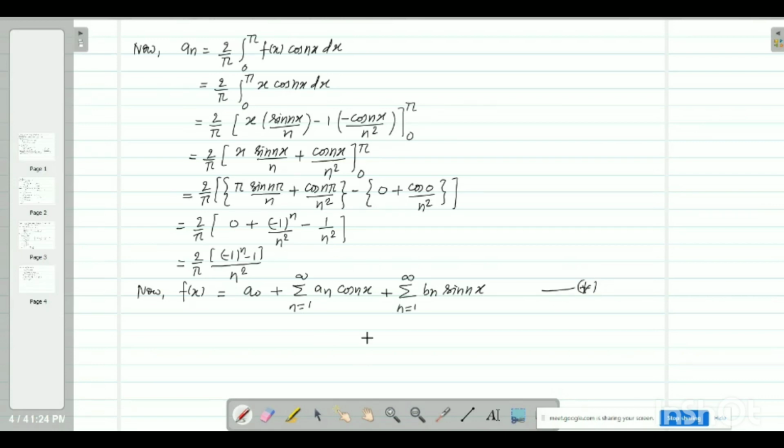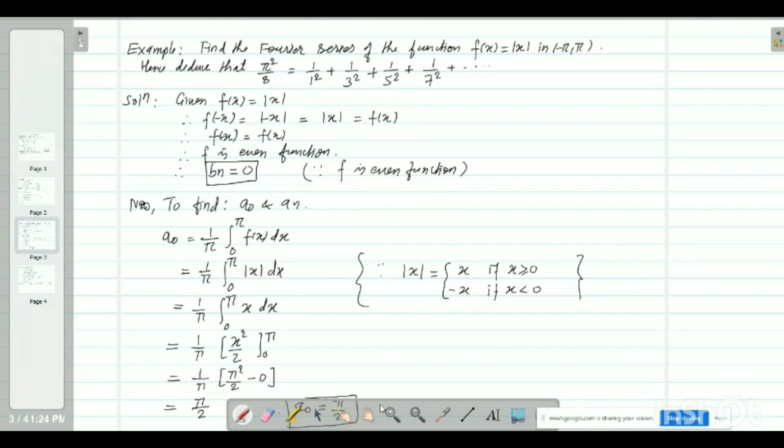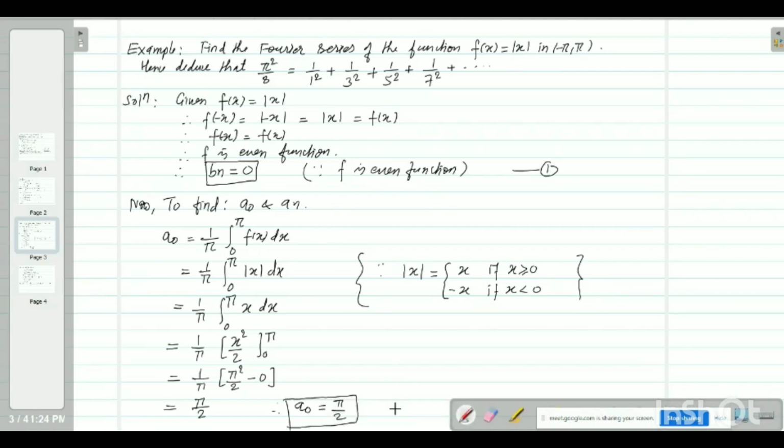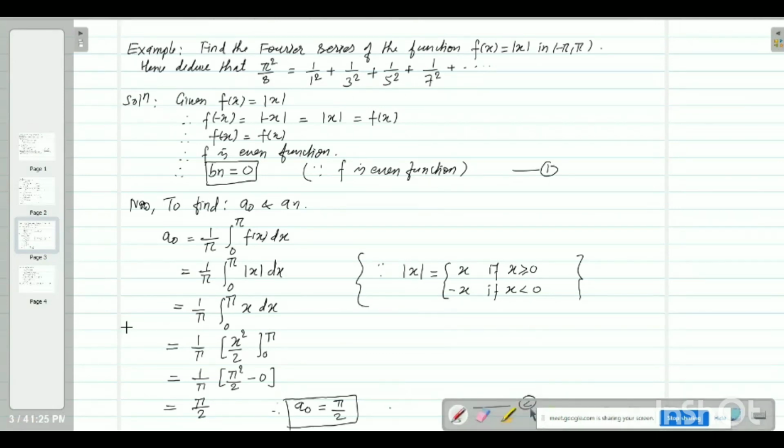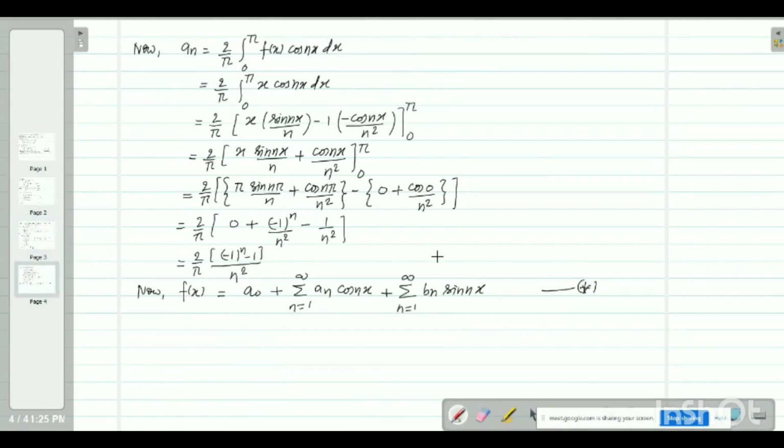So substituting all the Fourier coefficients in equation number star. So this is what I highlighted. This is equation number 1, this is equation number 2, then equation number 3.